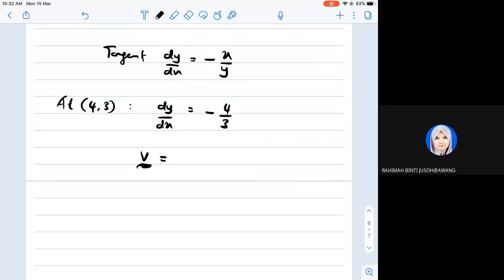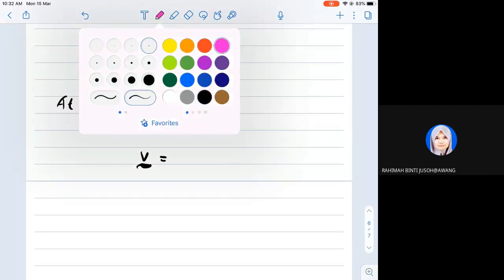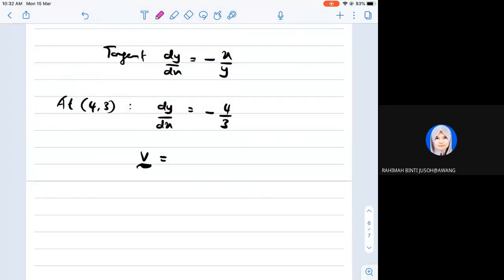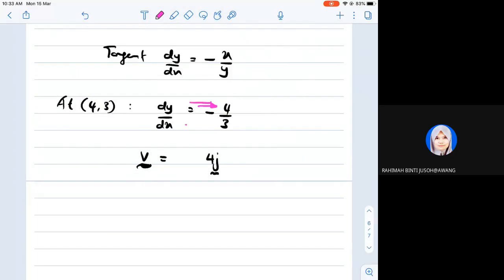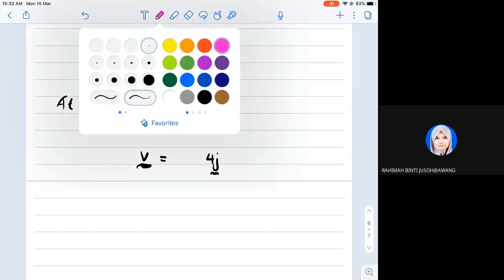Parallel vector should be, flow dia macam ni guys. Y, dia punya values as the numerator, 4. So in this case, 4j lah. 4j, y direction. X, dia punya nilai adalah 3 ni. Itu cara baca dia. So y pada 4 and then x direction should be 3. So we will have 3i.